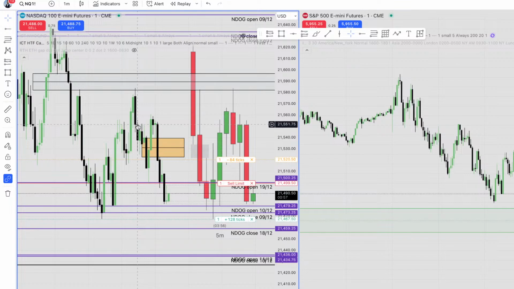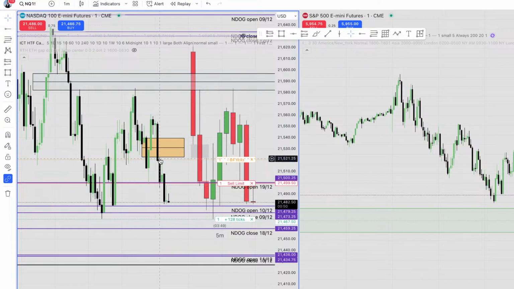It not only stepped me out with 2 points here. When it ran, it did not fill me in when I put my entry here above this candle. Exactly, it did not fill me in, it went. And now I put the order here and look where it touched.